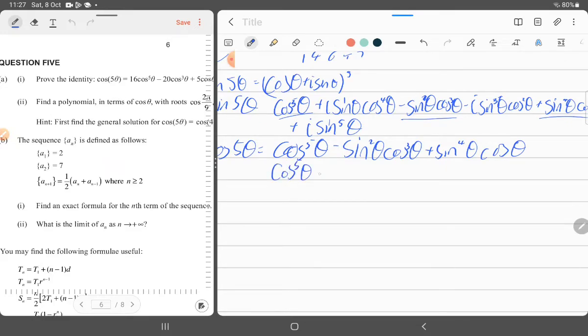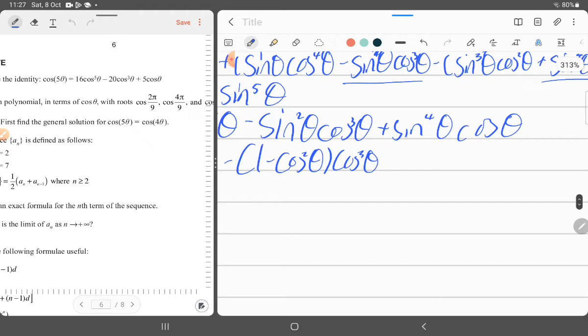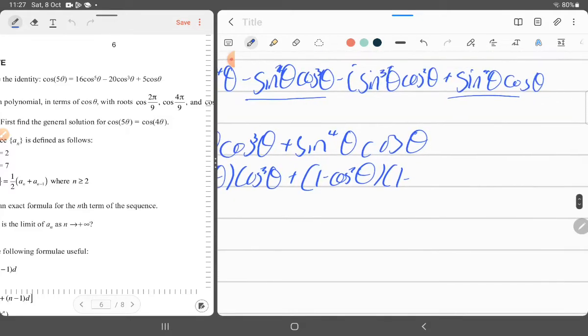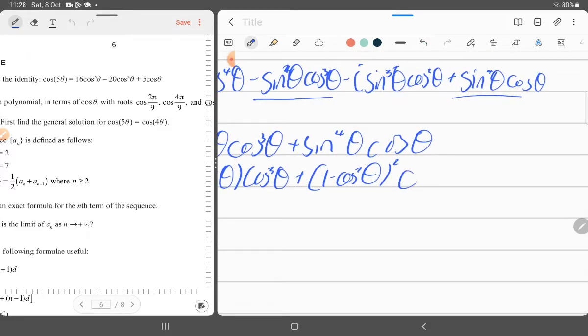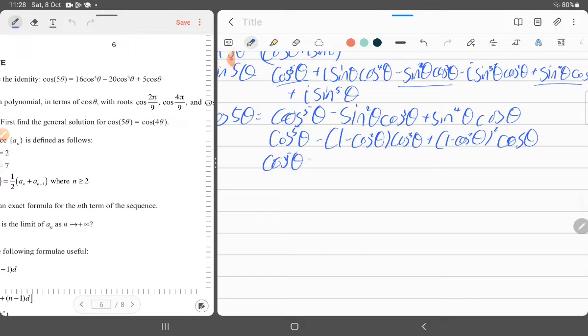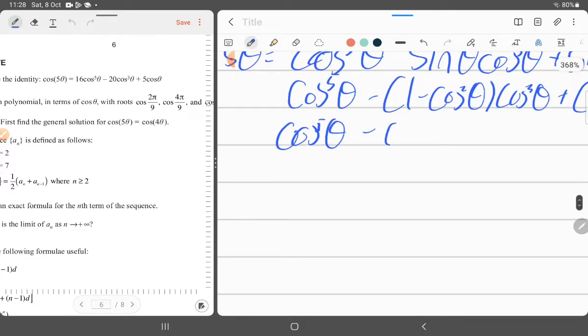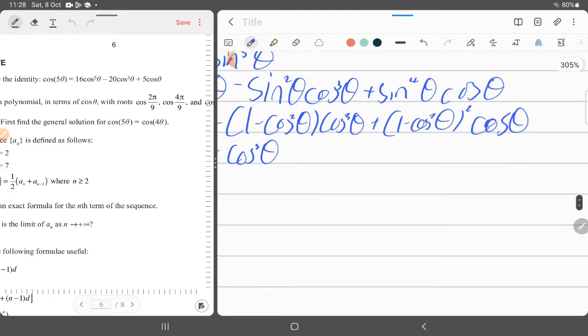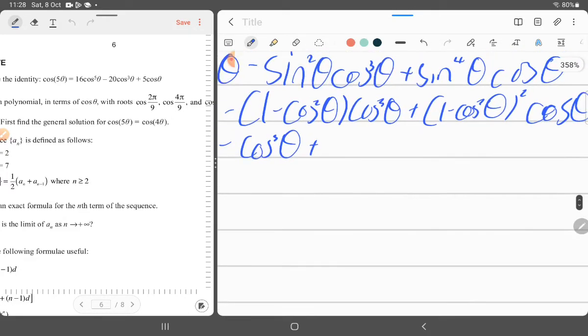Sine squared is 1 minus cosine squared theta, so we substitute.